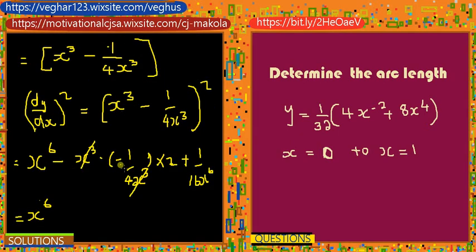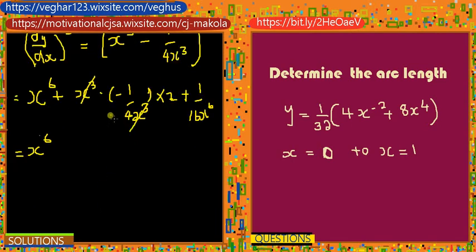because this one is just added, this is positive, we'll have something like -2 over 4 is what is remaining, this 2 and this 4 here, and then plus this 1 over 16 x raised to 6.